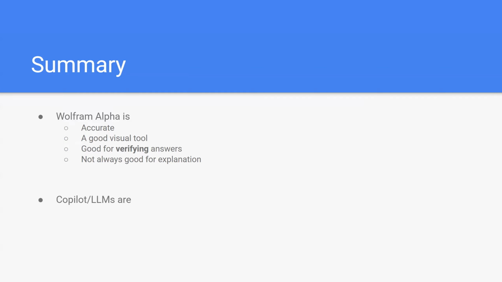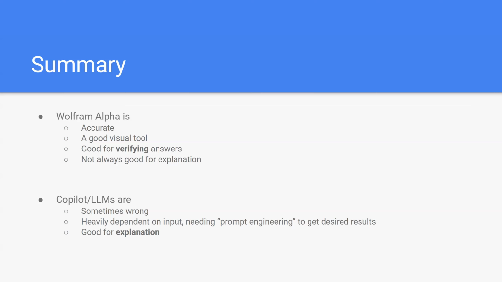Copilot and other LLMs can sometimes be wrong and are heavily dependent on input, requiring good prompt engineering to get desired results. They are good for explanations, but not always reliable for verifying answers. By combining these tools, we can leverage their strengths and mitigate their weaknesses.